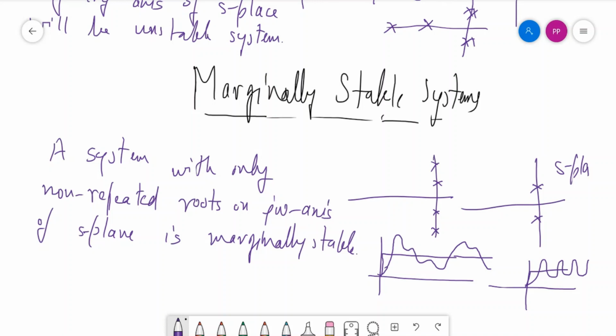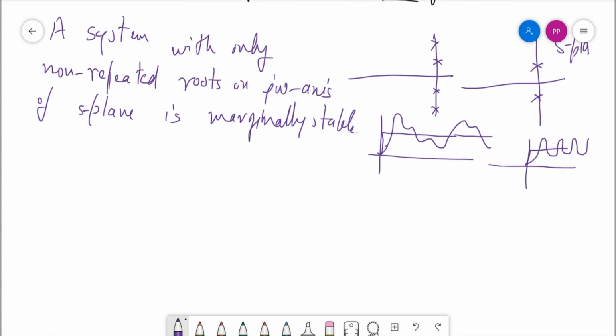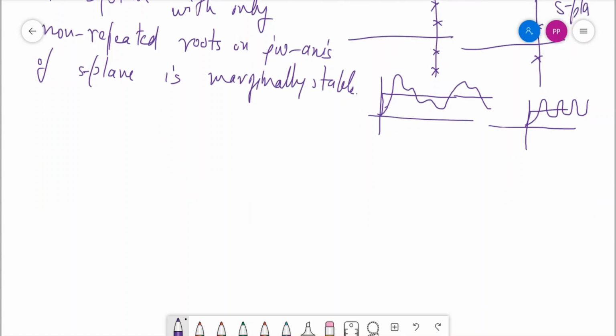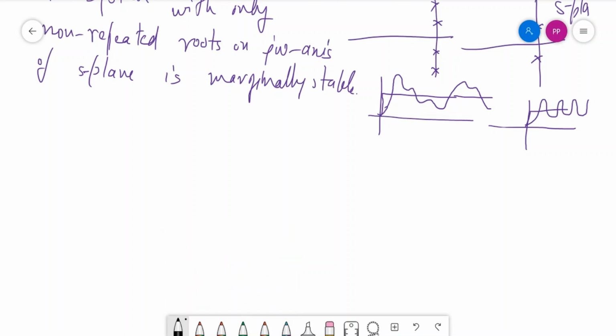So this is some basic idea about the stability of a system. If you have followed the lecture carefully, you should have made some idea about the stability of a system. So let us have a quiz to better understand the concept.